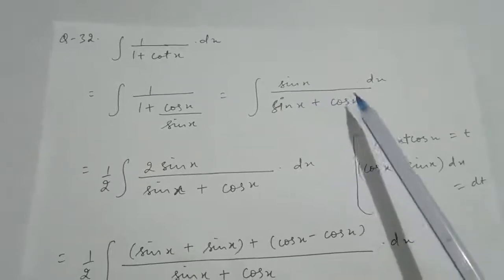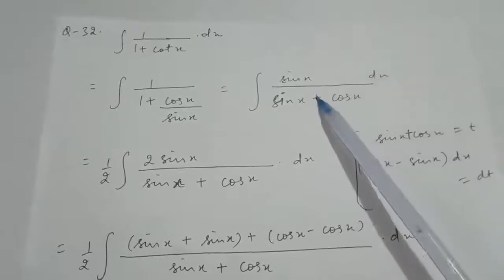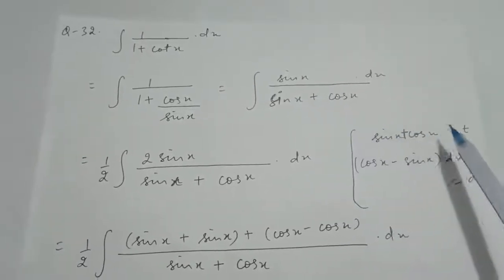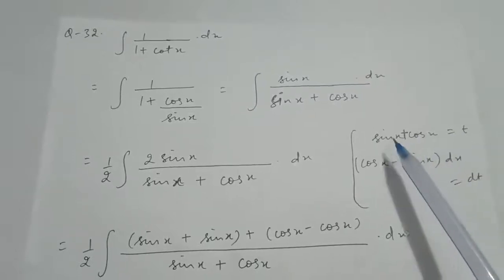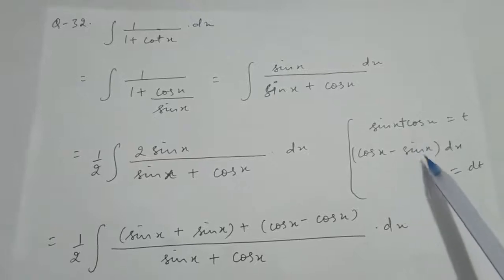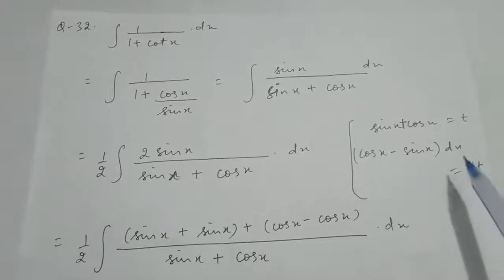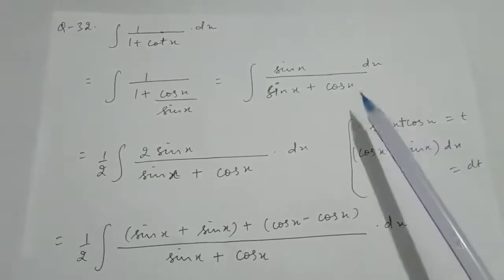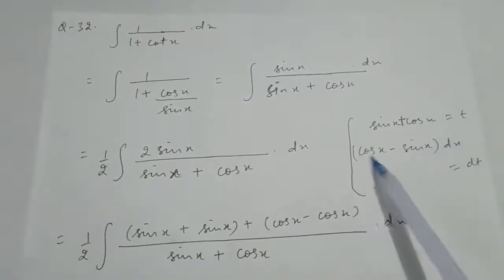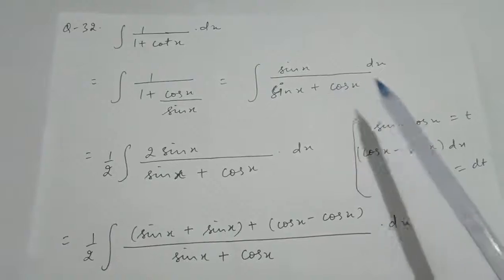Now see, it cannot be solved right now, therefore we will make some changes in the function. For this, let this denominator be t. Now the derivative of sin x is cos x, and the derivative of cos x is minus sin x, into dx equal to dt. So if we take the denominator as equal to t, then we want this derivative in the numerator, which is not present in the numerator.